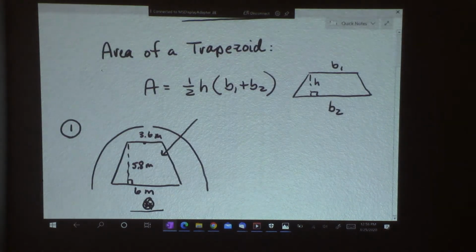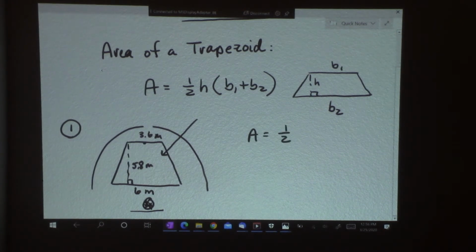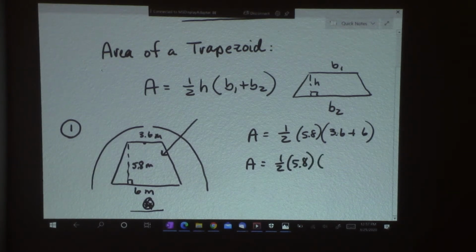Let's go back here. So we're going to have area equals 1/2. Now the height is 5.8, and each base we're going to combine. So I have 1/2 of 5.8, and then I have 3.6 plus 6 is 9.6.